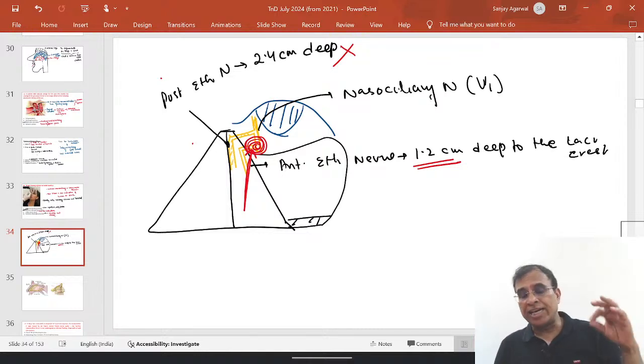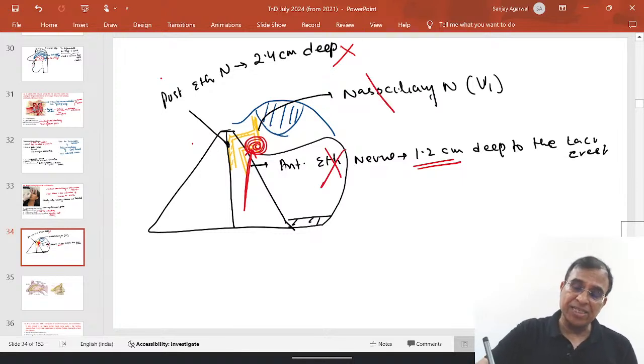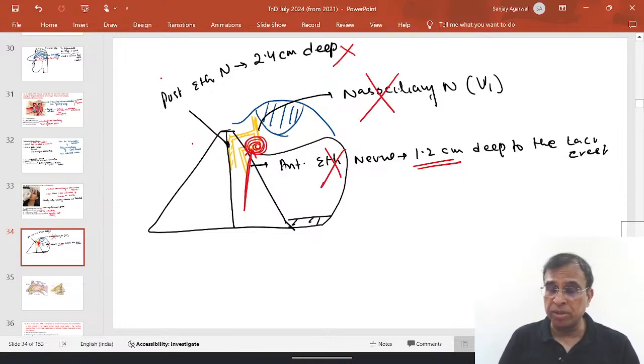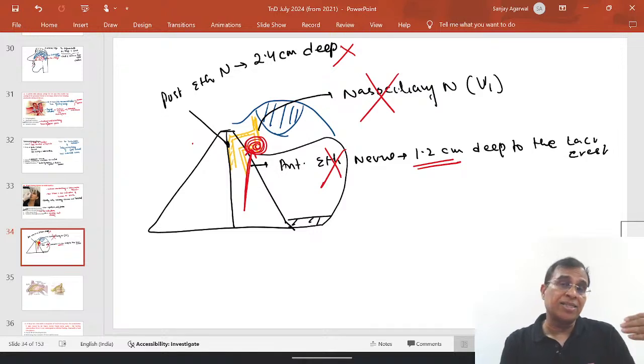And so this xylocaine is going to block this nerve as well as this nerve. They both get blocked at the same time always, because one is a mother nerve, one is a daughter branch. So if you inject in that area, both the main nerve and the branch get blocked, right? So the net result is the same.